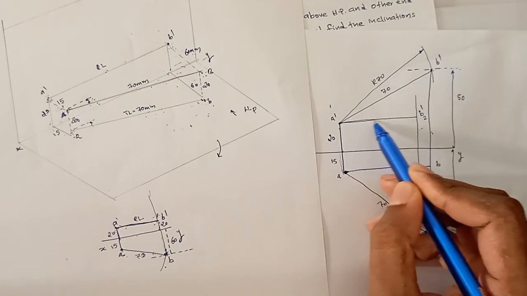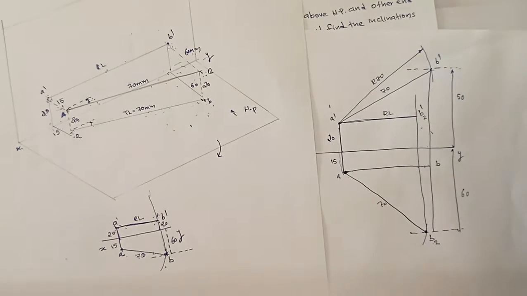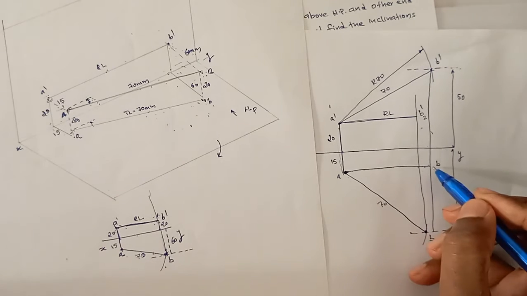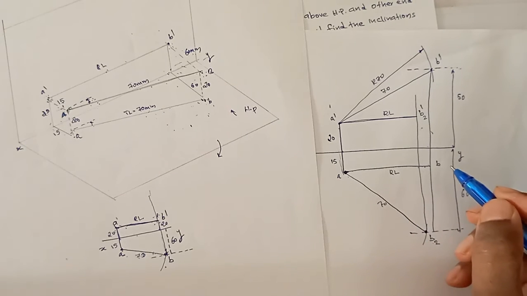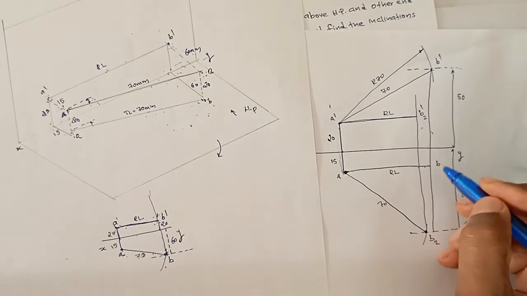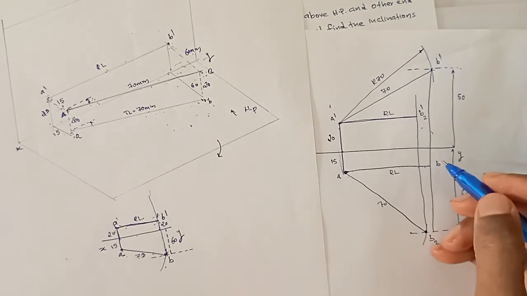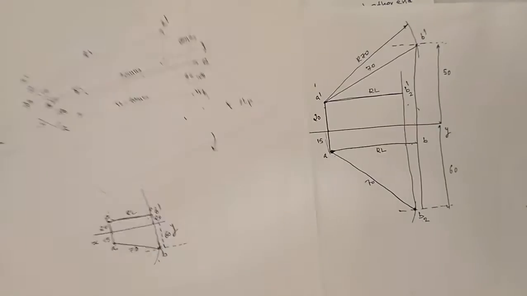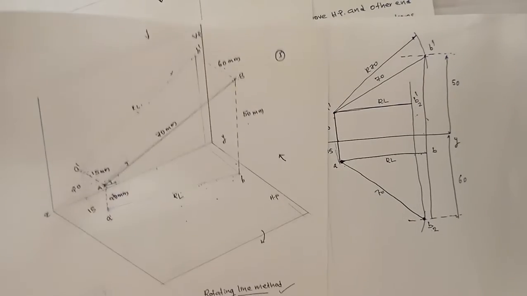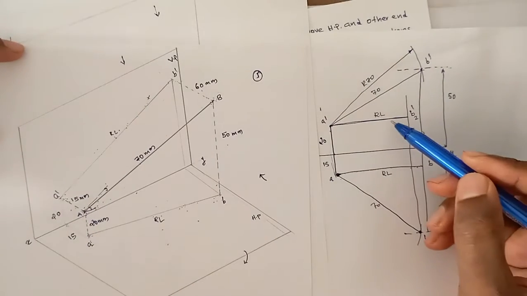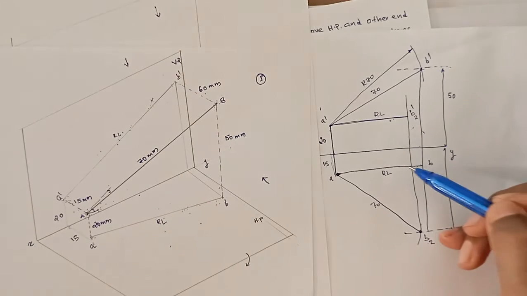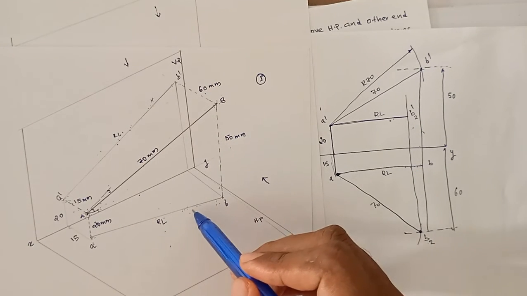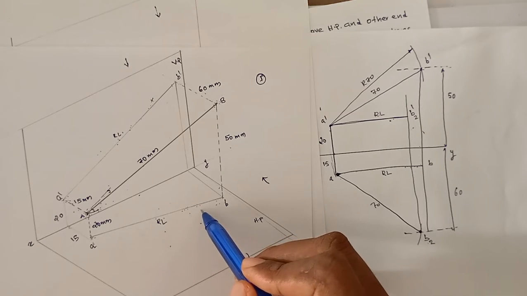This is the reduced length when the line is parallel to HP and inclined to VP, and this is the reduced length AB when the line is parallel to VP and inclined to HP, the first case. So comparing with the original figure, this front view is equal to this reduced length, and this top view is equal to the top view of the original question.